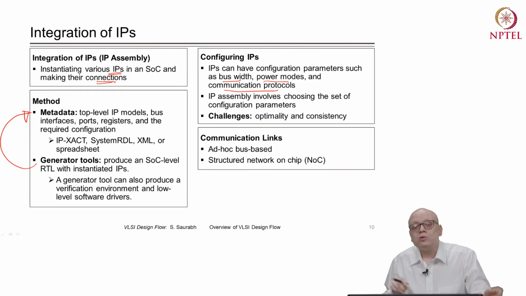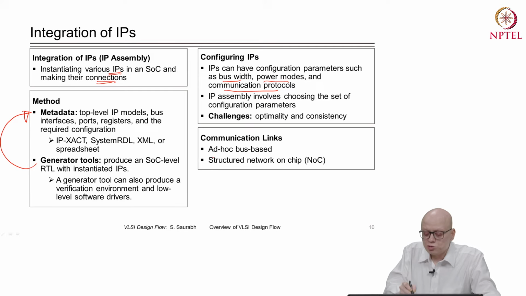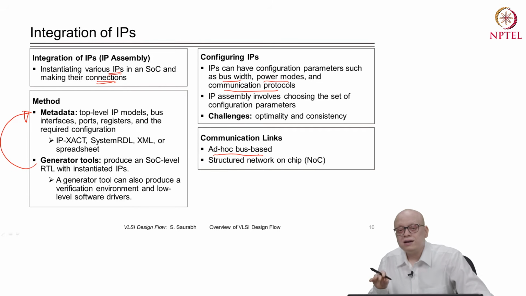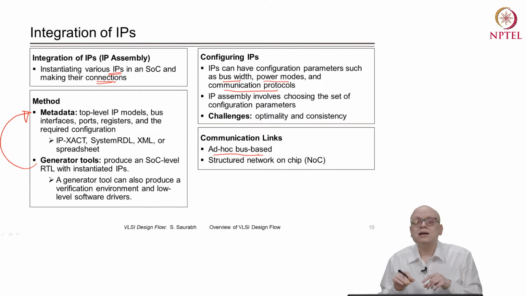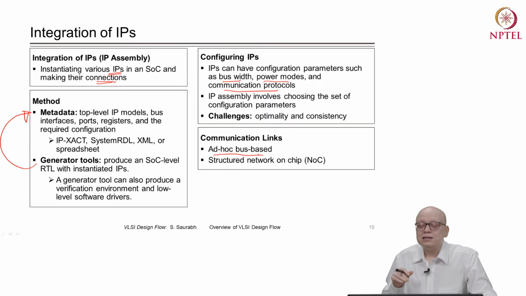Another thing is, how do we connect different IPs? Earlier, we used to connect different IPs using ad hoc bus based connection, right? It was okay till the time the connections were not very complex. But with these modern SOCs, the level of complication between the connections between IPs has increased tremendously, and as such the ad hoc method of manually making bus based connections does not work.